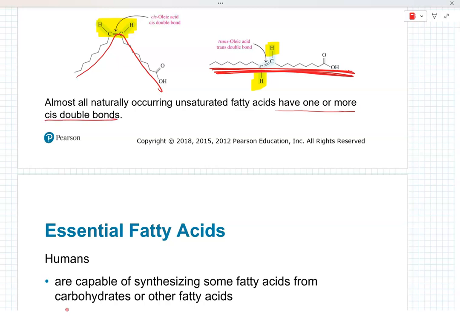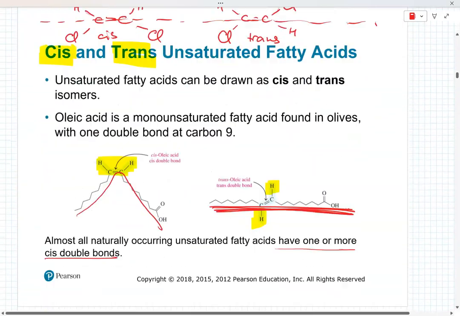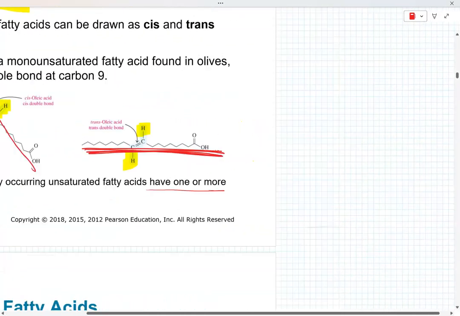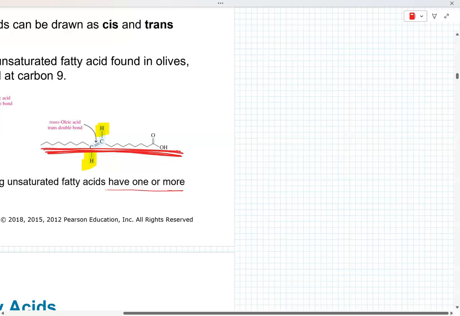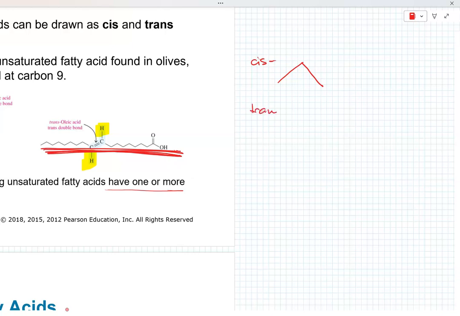Most unsaturated fatty acids have cis double bonds. So now let me ask you this. We have two different types of fatty acids. The cis fatty acids have this shape. The trans fatty acids have that shape.